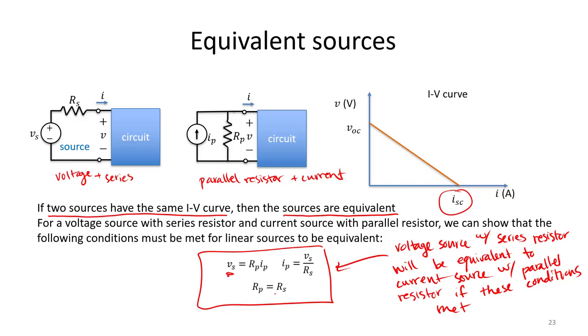Similarly, we would need to have the two resistors be equal in magnitude in order to make those values match. If you're curious, you could go ahead and try calculating this using the open circuit voltage and short circuit current, and you would in fact see that these relationships would emerge.